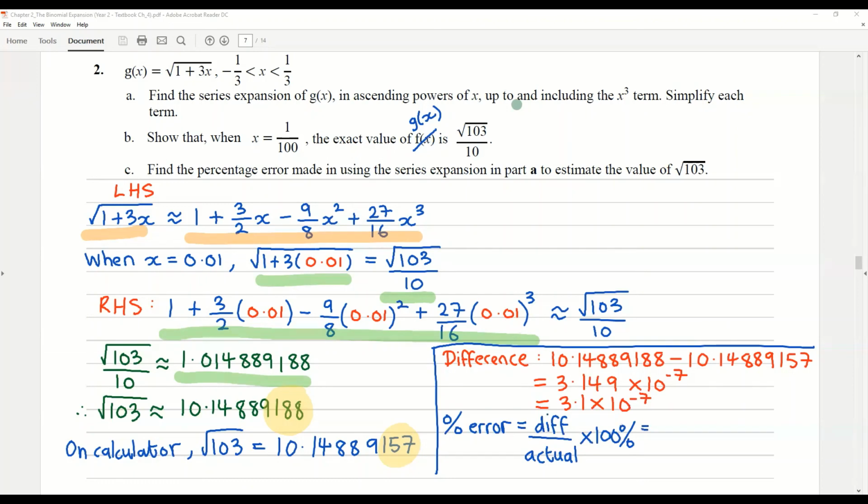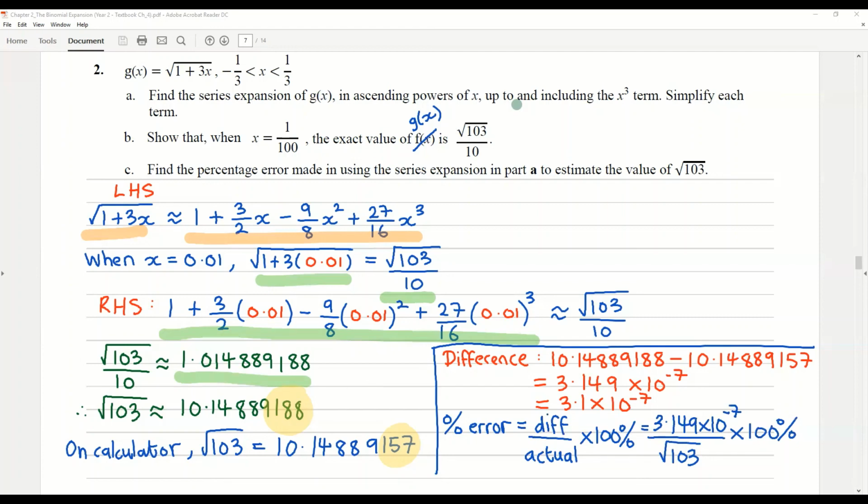So in other words, it's going to be 3.149 times 10 to the -7 divided by the actual answer, which is the square root of 103, and then multiply that by 100%.